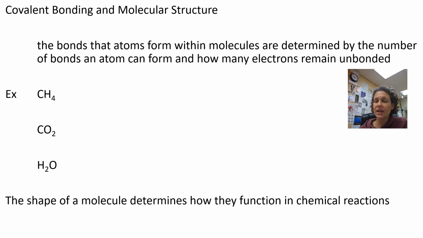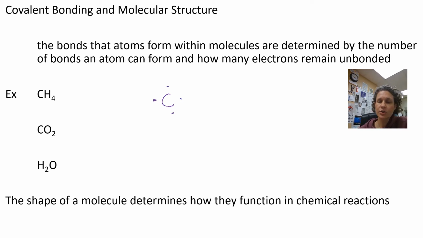And so again, this is just practice drawing them. If you have CH4, the way that you know how to draw these, typically the element that has more valence electrons is drawn first, so it's in the middle. Carbon is in group 14, and so it has 4 electrons around it. So here's our carbon.